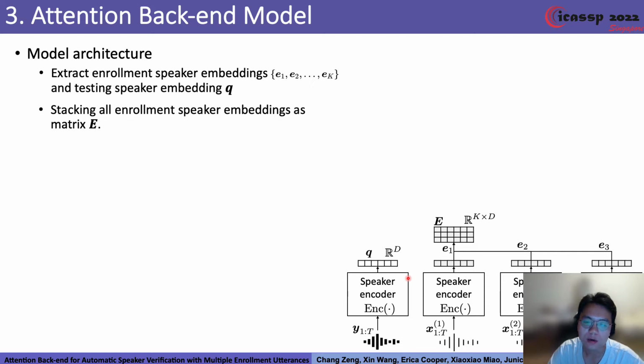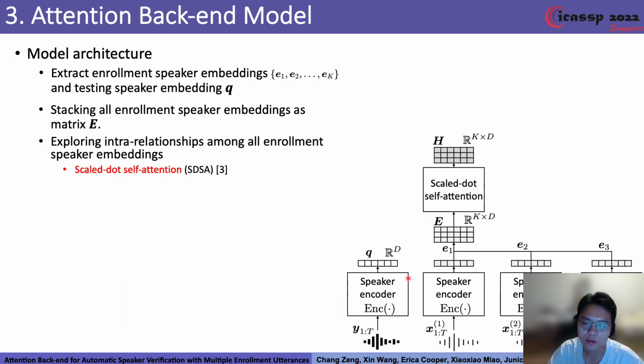Then, the scaled dot self-attention is used to compute the interrelationships among these embeddings. We believe in this way, some latent factors would be emphasized, and some latent factors would be de-emphasized.